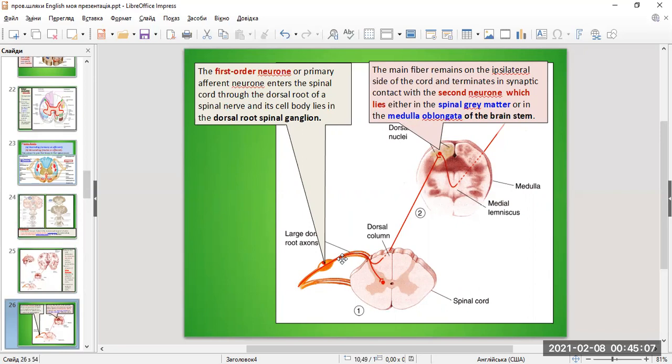The main fiber remains on the ipsilateral side of the cord and terminates in synaptic contact with the second neuron, which lies either in the spinal gray matter or in the medulla oblongata of the brainstem.